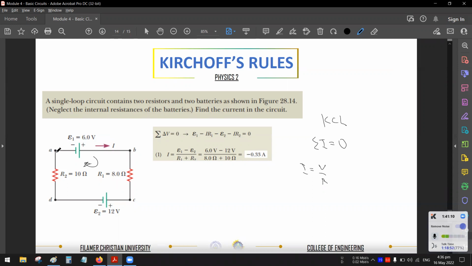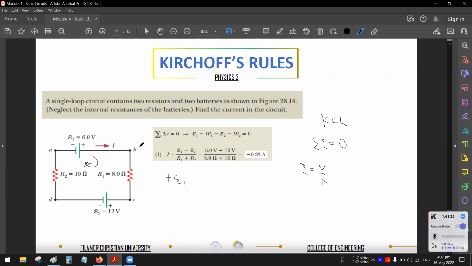And we can see that from A to B, di ba? It represents a potential difference of positive. Positive yung E sub 1 natin. So we have positive E sub 1 from point A to point B.